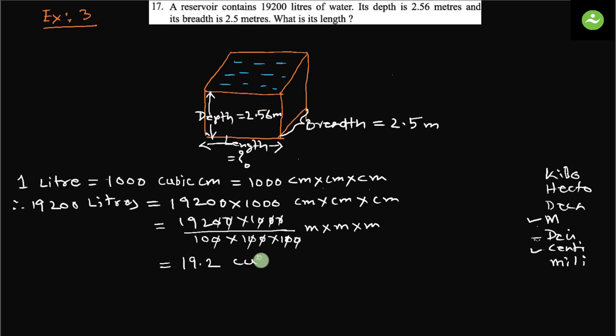Instead of writing meter into meter into meter, we write cubic meter. And this is actually the volume of the reservoir.